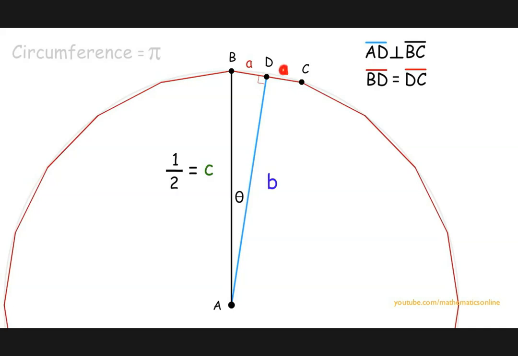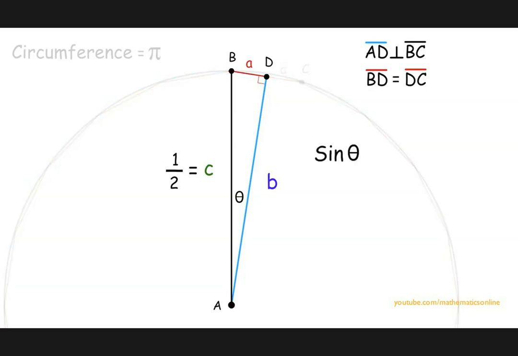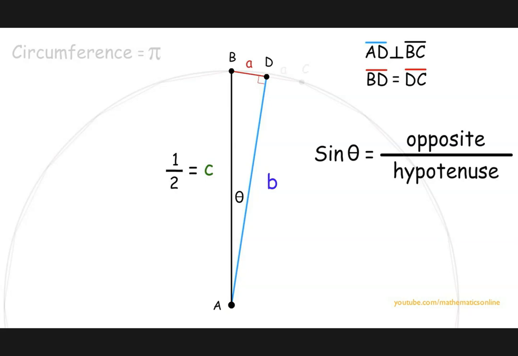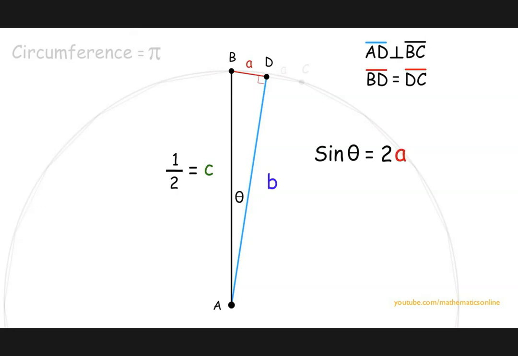Line DC also has length A. Now, in order to find the perimeter of an equilateral polygon, we must find the length of one of its sides. Using trigonometry, we know that sine of theta is equal to the opposite side over hypotenuse. Looking at our right triangle, we can see that the side opposite angle theta is A, and the hypotenuse is 1/2. So A over 1/2 simplifies to 2A.